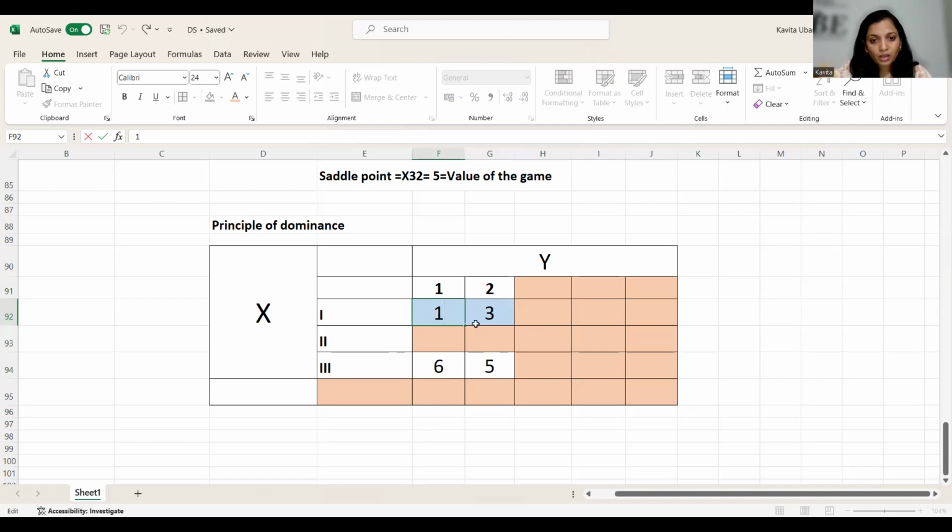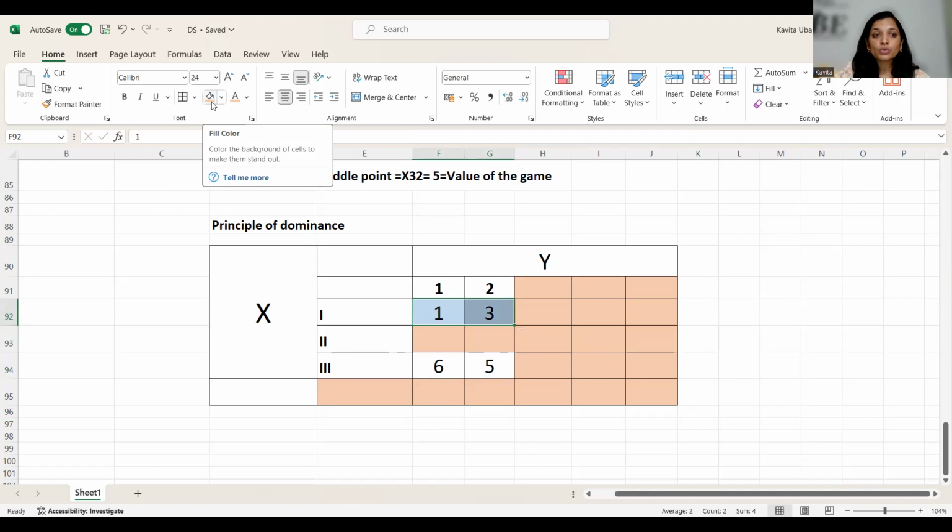So here, we can easily say that row number 1 has lesser values than row 3. Here we can cancel out the first row, because when we do dominance row-wise, we cancel the rows with comparatively lesser values.